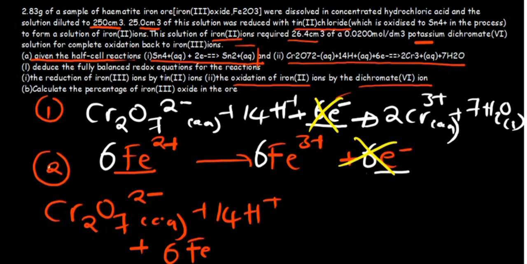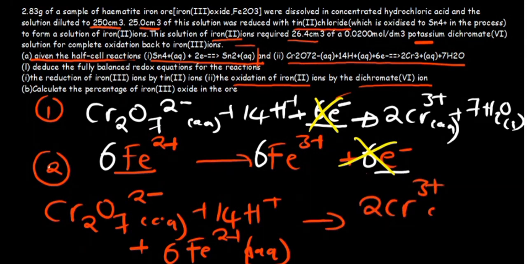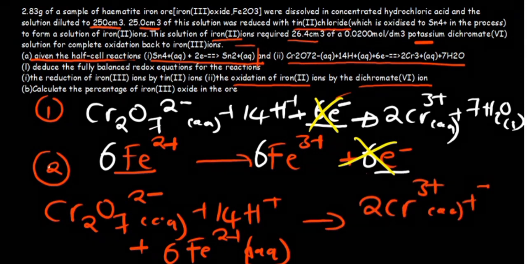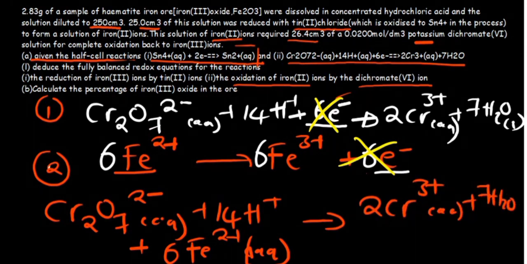I've written it down due to lack of enough space. Then on the right hand side, we remain with the chromium ion in aqueous state plus 7 water molecules, of course in liquid, plus 6 iron 3 ions in aqueous state.